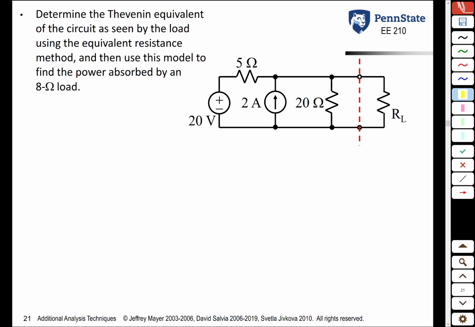So here we have a circuit, and we're going to break it up right here. We're going to put the load on the right, we're going to call that subcircuit 2, and the circuit on the left, we're going to call subcircuit 1. And we're asked to determine the equivalent of the circuit as seen by the load using this equivalent resistance method. In other words, as far as the load is concerned, there's no difference between the actual circuit and this much simpler looking circuit here.